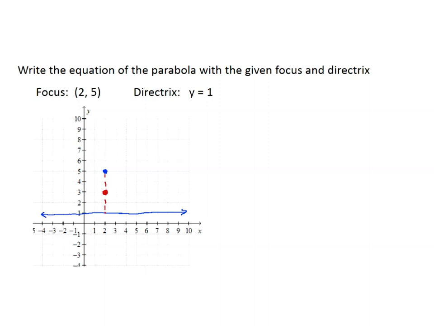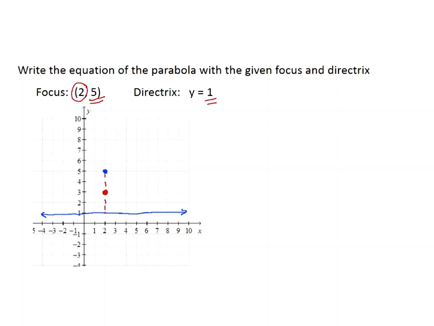So if you have a graph, it's much easier to do. Right? You can see what point would be right in the center. If you don't have a graph, then what you're looking for is the midpoint between y equals 1 and y equals 5. You can find that by taking an average. 5 plus 1 is 6, divided by 2 is 3.